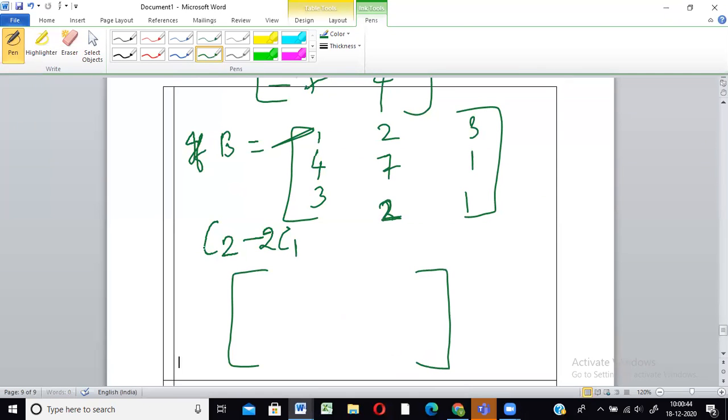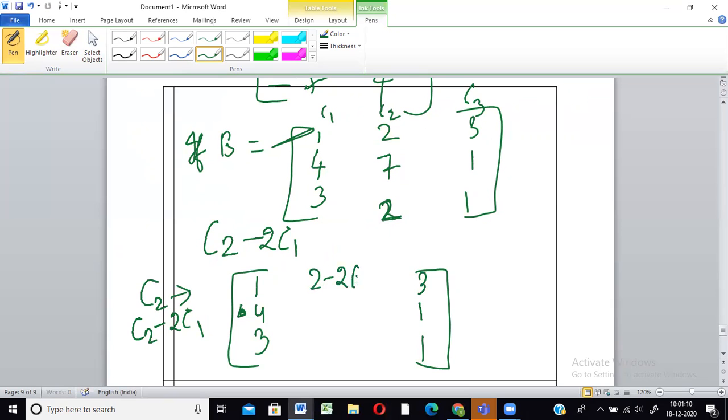As the name says, C2 is undergoing a change, right? This is your C1, C2 and C3. So only this column will undergo a change. The rest everything will be the same. So let us write everything as it is. C1 will be as it is, 1, 4, 3. C3 will be as it is, 3, 1, 1. C2 will be C2 minus 2 times C1: 2 minus 2 times 1, 7 minus 2 times 4, 2 minus 2 times 3.